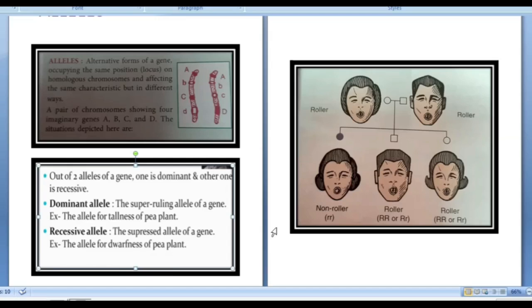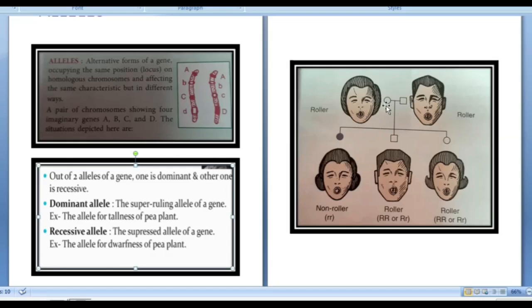Now, in this figure we have taken an example of a family to show you inheritance from parents to children. The character that we have taken is rolling of tongue. If you see the figure, this is the mother and this is the father.